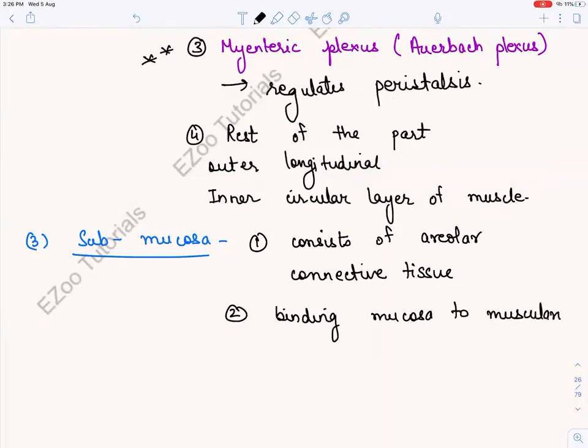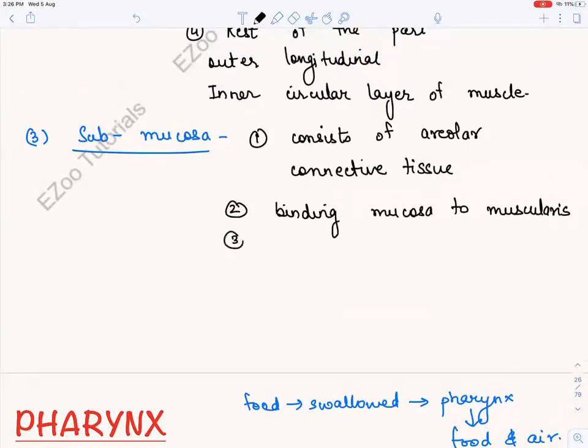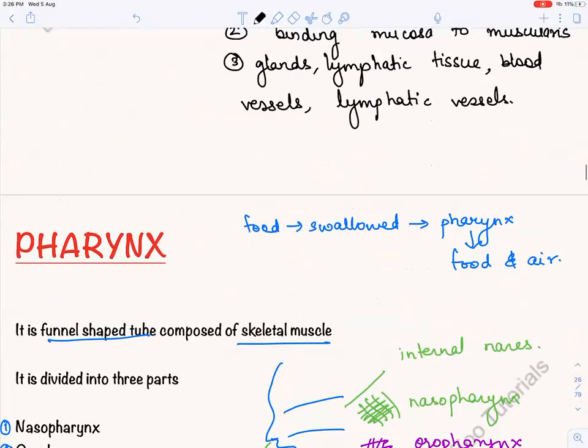It also contains glands, lymphatic tissue, blood vessels, and many lymphatic vessels. When we see the diagram, it will be very clear. So it contains all these things.